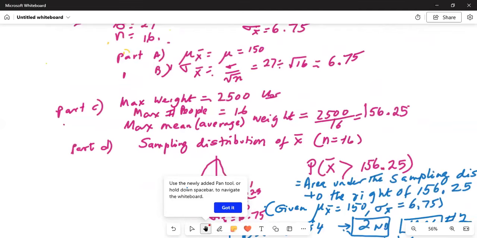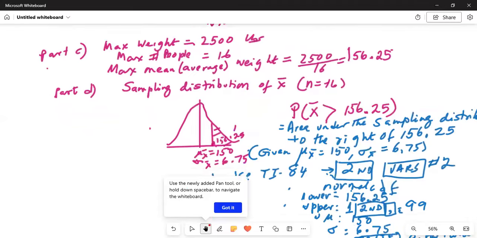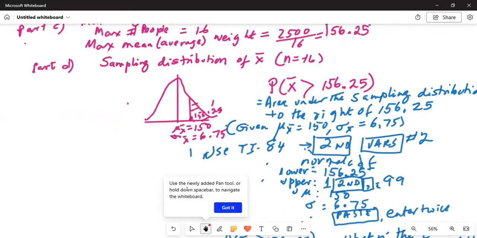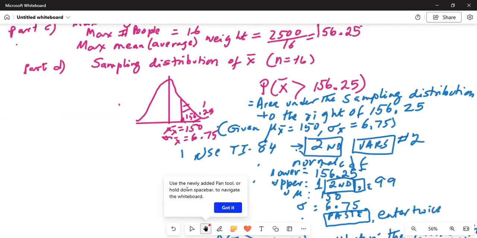Now, the maximum weight that the elevator can support is 2,500 pounds. So if 16 people are put in the elevator, their average weight maximum can be 156.25. Any larger, the elevator might collapse. We don't want that. So they want to know the chance of that happening, that the average weight of 16 people will exceed the maximum limit of 156.25.